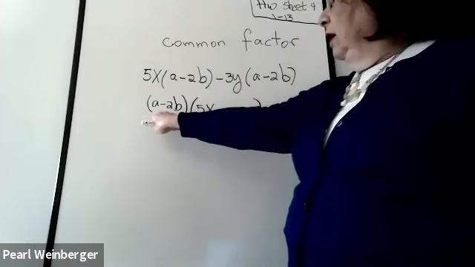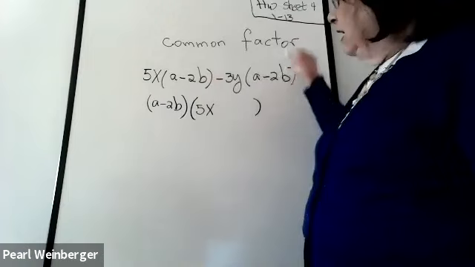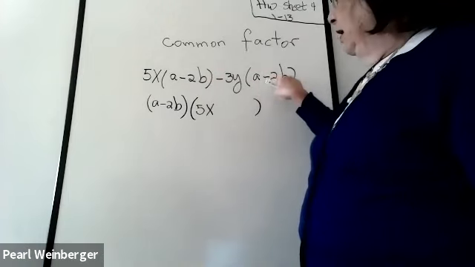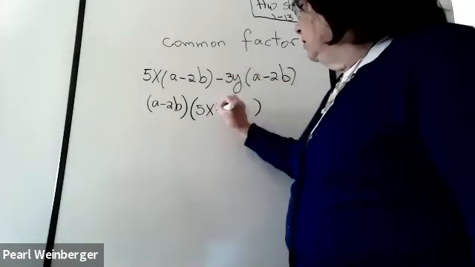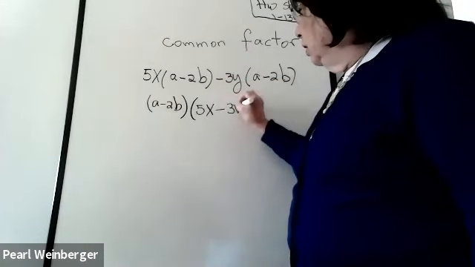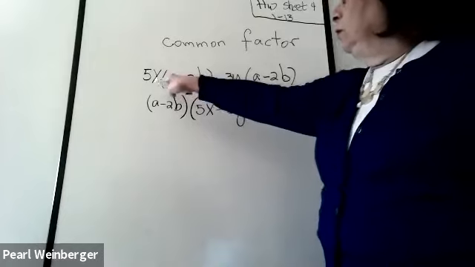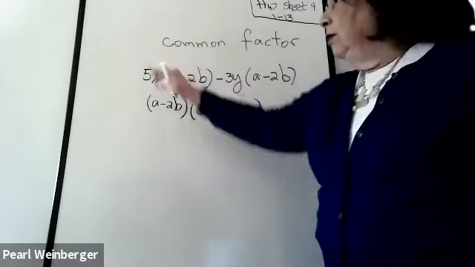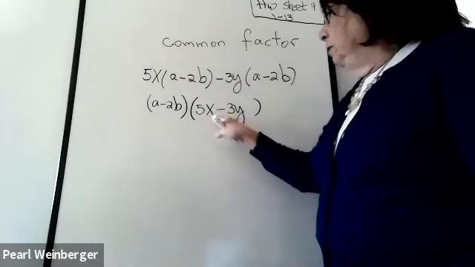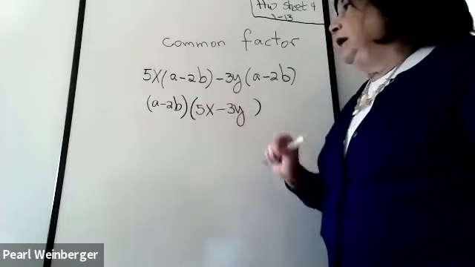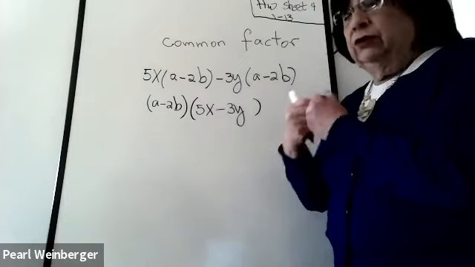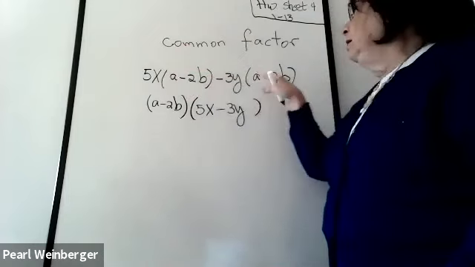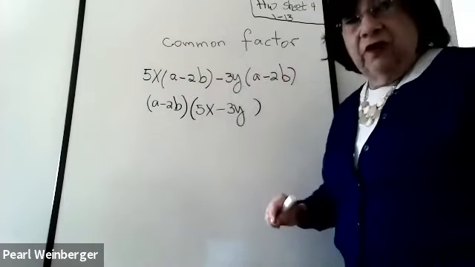And when I divide the a minus 2b into the second expression, again, that a minus 2b cancels out, and what I'm left with is minus 3y. So I have broken this down into the product of two binomials by factoring out a common binomial factor.